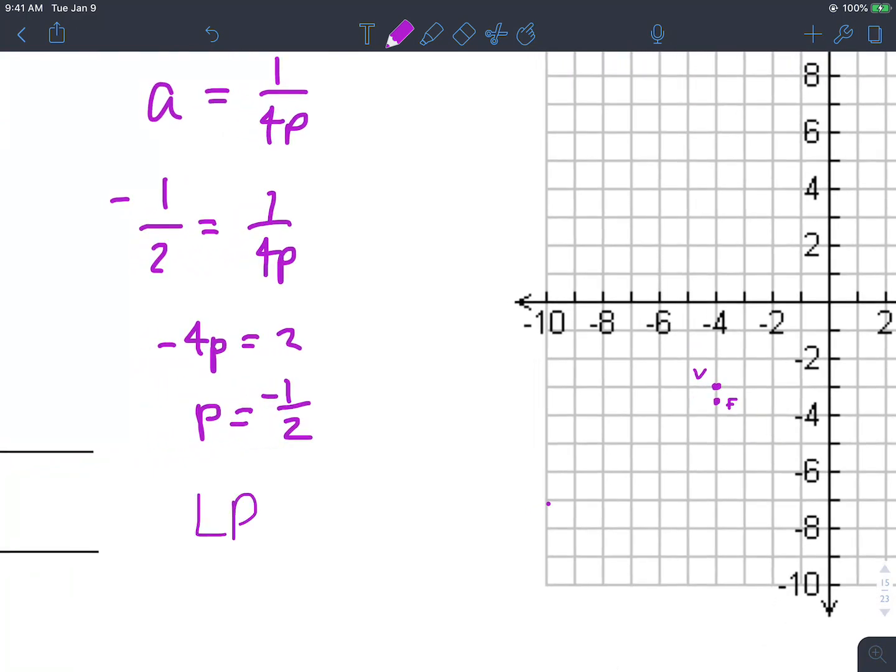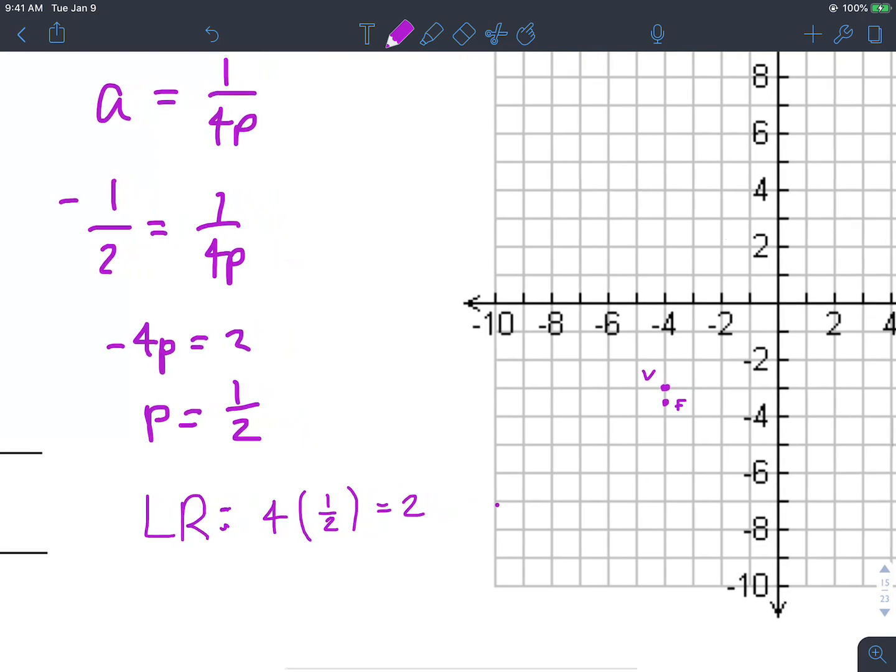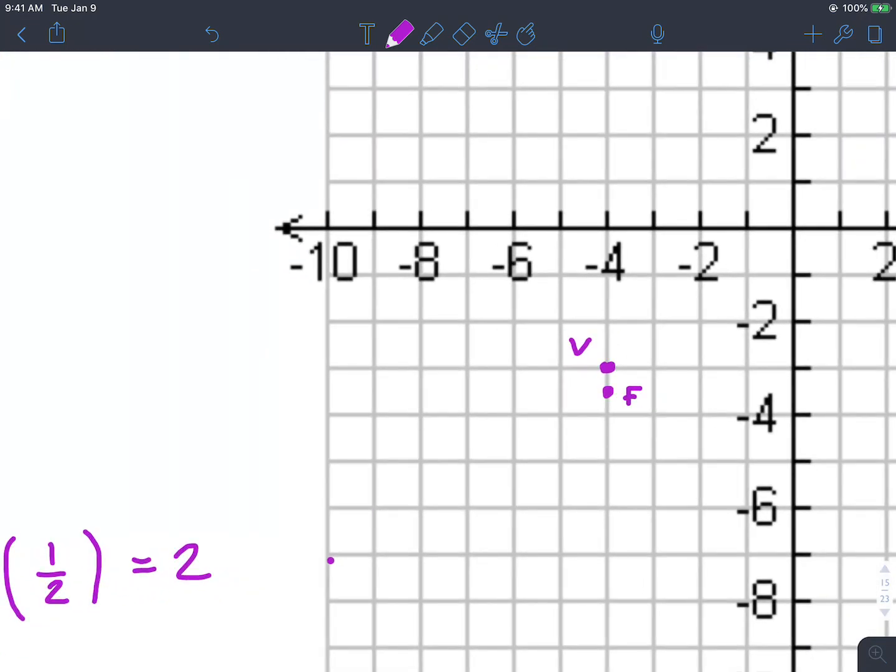Now your LR distance, LR should be 4 times your P, which really the P should be a positive number because it's a distance here, so I'm going to take that negative off. But basically 4 times 1/2, that should be 2, which means 2 total units long. So we can do 1 unit on each side. I'm going to put a point there and a point there, and that should be enough to get your graph. See if I make this other side look a little bit better. There we go.